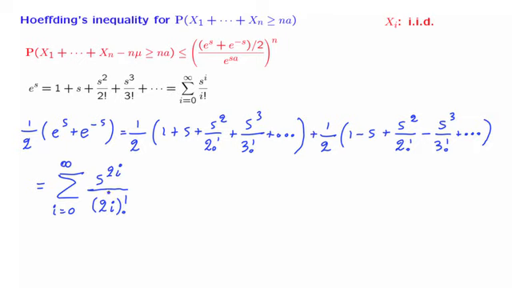Now let us get a bound on this term in the denominator. (2i) factorial is 1 times 2 times 3 all the way up to i, and then we continue i+1, i+2 all the way up to 2i.